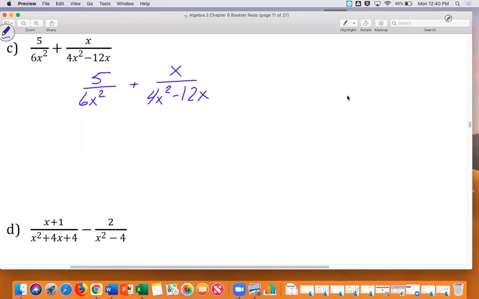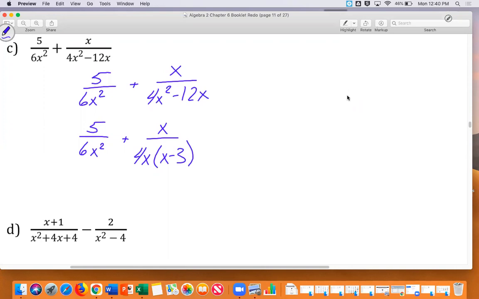Now, once I've written that, the only thing I can factor is the piece on the right. Numerator, you can't factor. Denominator, I can take out a 4x. That leaves me with x minus 3. You okay with that, Julia? Now I have 3 different components of the denominator.